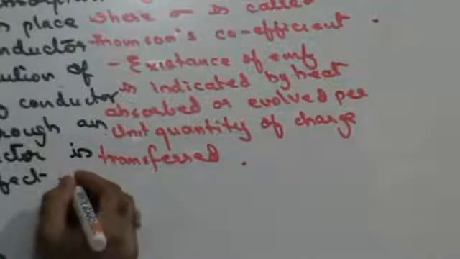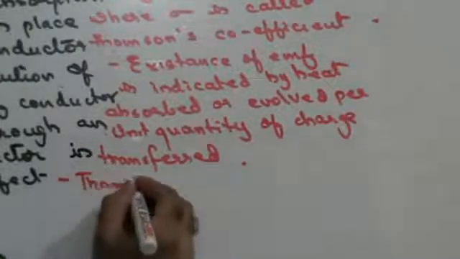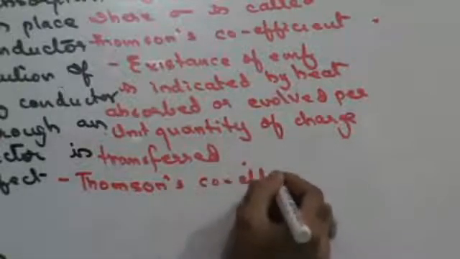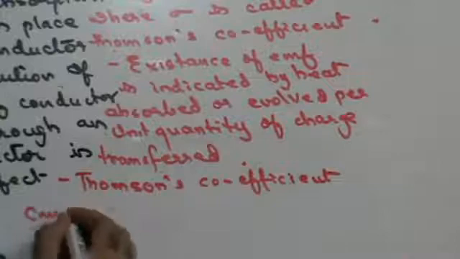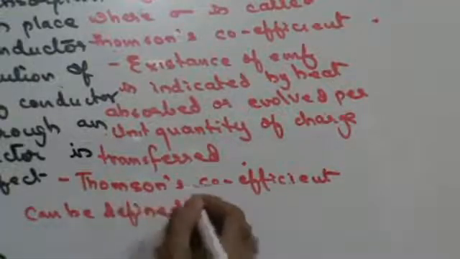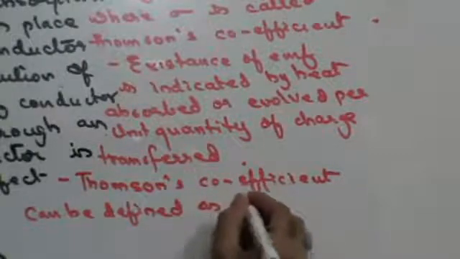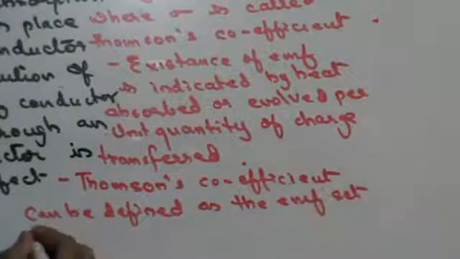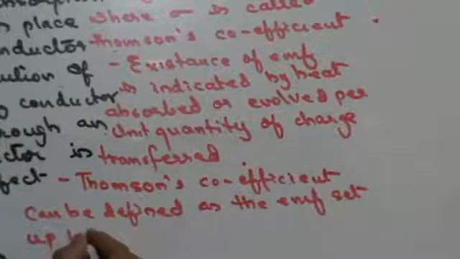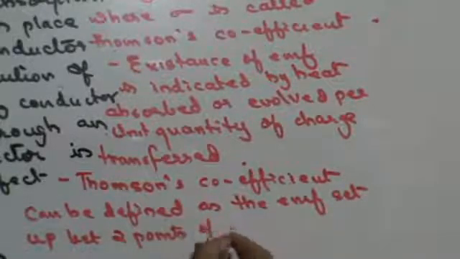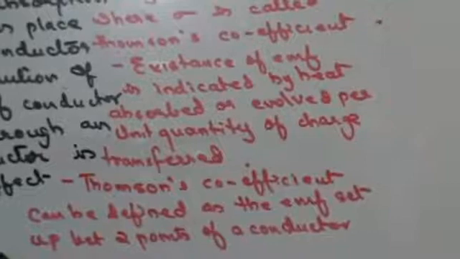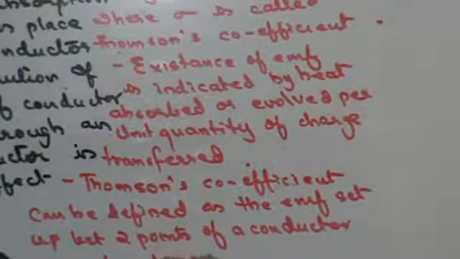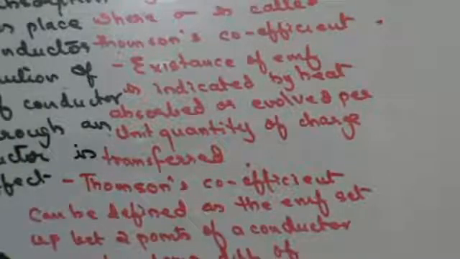Thus, on the basis of this, Thomson's coefficient can be defined as the EMF set up between 2 points of a conductor which has a temperature difference of 1 degree Celsius.